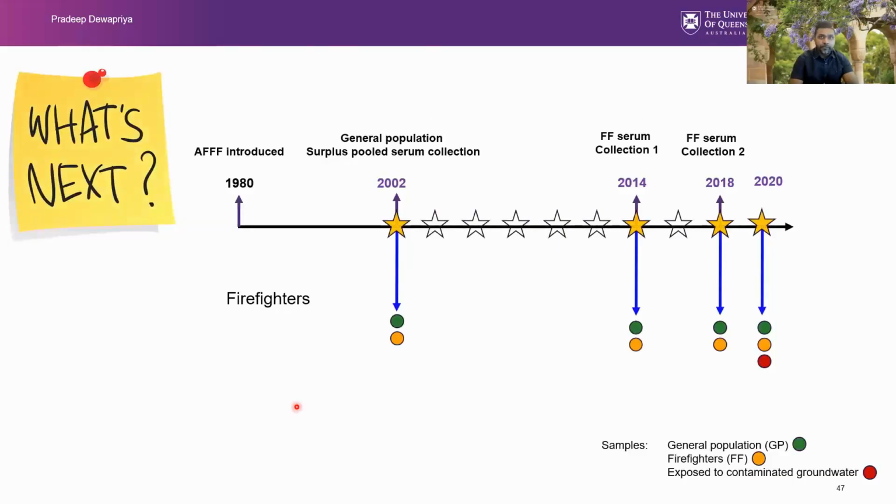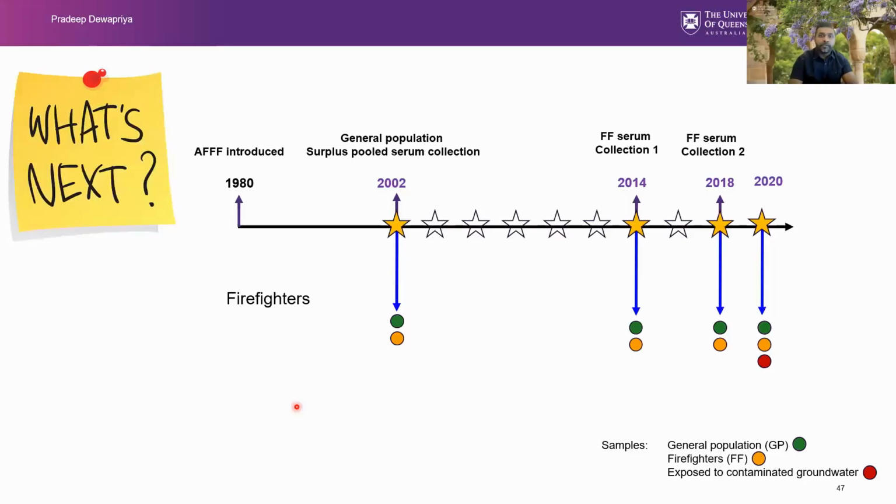What's next? At QuAIS, we have collected serum and blood samples for many biomonitoring studies. We have samples from firefighters, communities knowingly exposed to PFAS, and serum samples from the general population from 2002 to today.